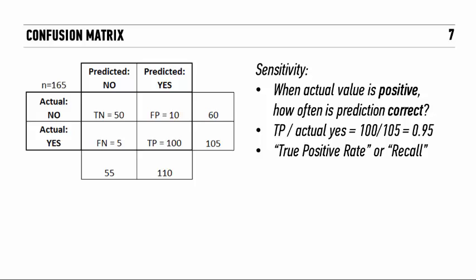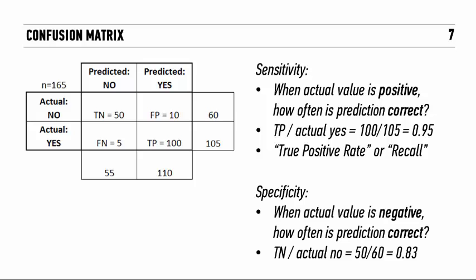So sensitivity: how sensitive is it to the actual positive signal you're looking for? How sensitive is it to picking up on the defaults, whether or not someone's going to default? How sensitive is it to whether or not somebody actually has cancer? This is also known as the true positive rate or recall. Again, multiple terms for the same thing. It's confusing. Don't expect you to memorize this.